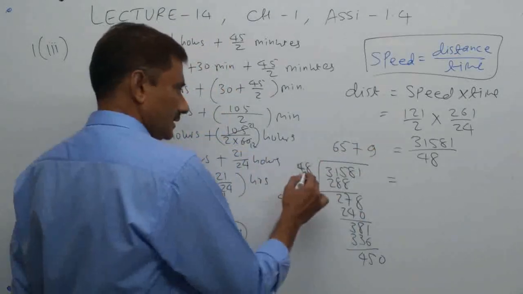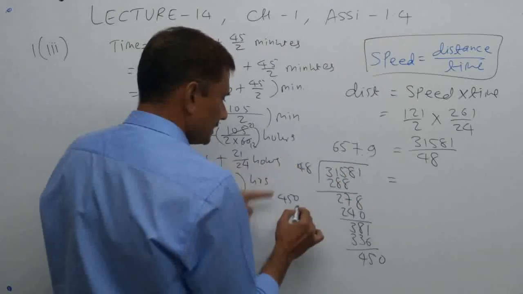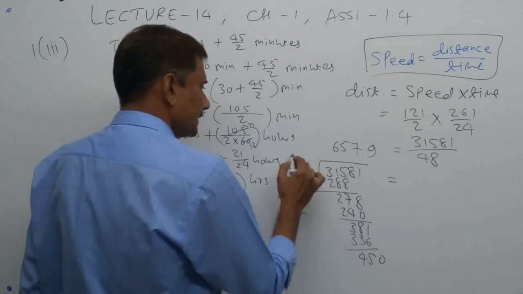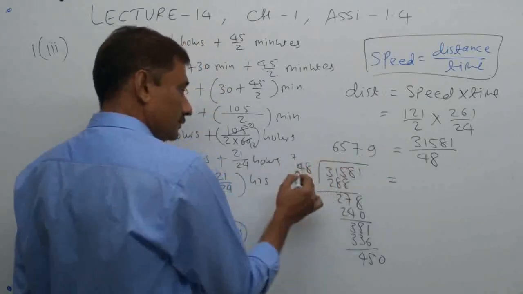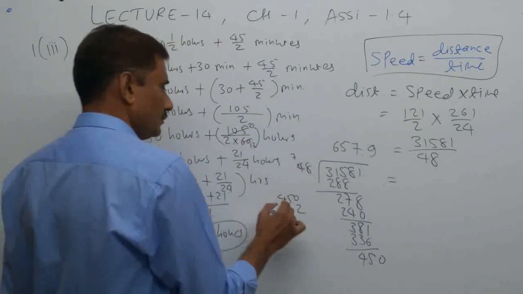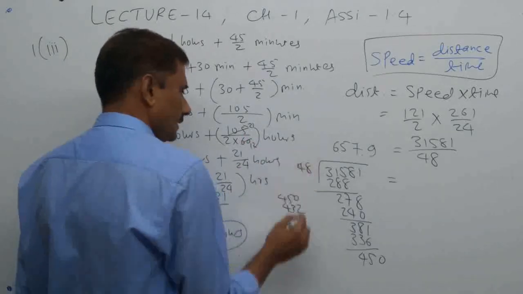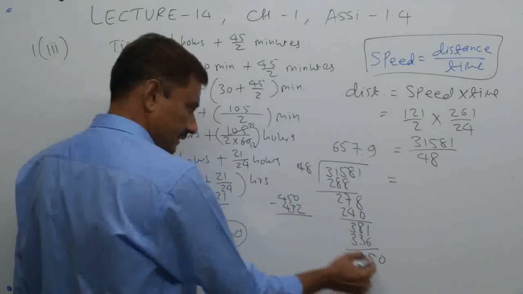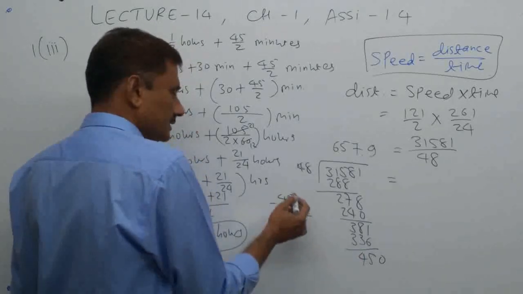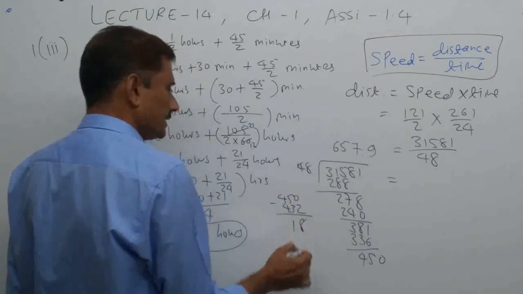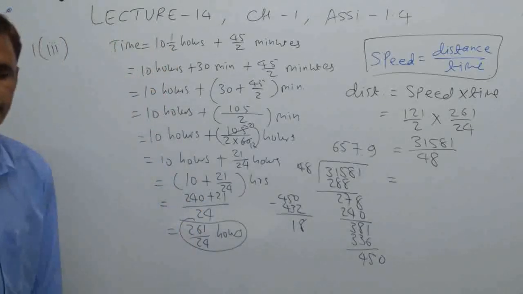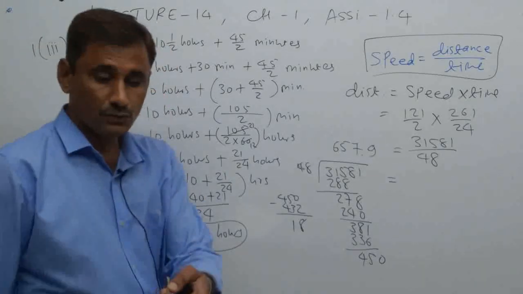So 48 into 9. So 9 8s are 72, 7. 9 4s are 36 plus 7, 43. Okay, so I just wrote it here so that you can see that. So 10 minus 2, 8, 4 minus 3, 1, 18 left only. Again, they want up to 2 decimal places.